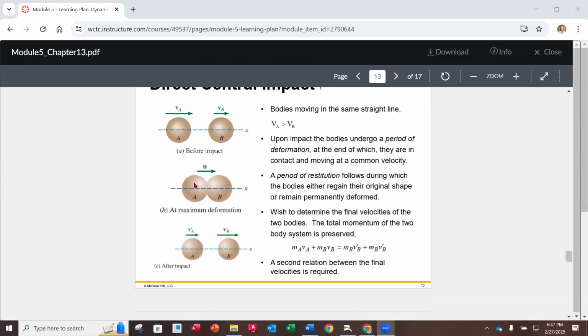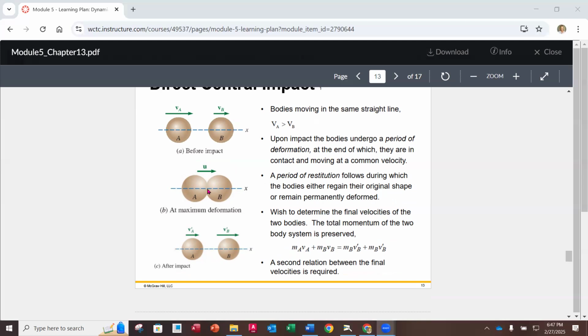Now, during the point where they are in contact with one another, this is called their actual impact, and they're going to deform a little bit, or a lot, depending on the type of material, and that's what is going to be the driver of this coefficient of restitution.